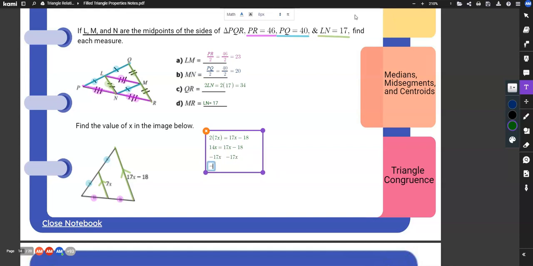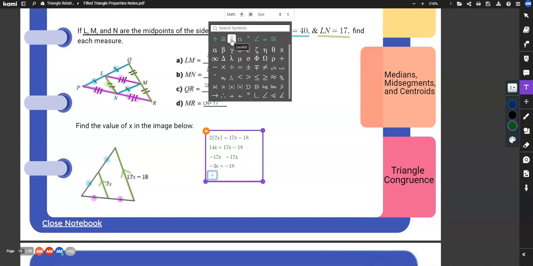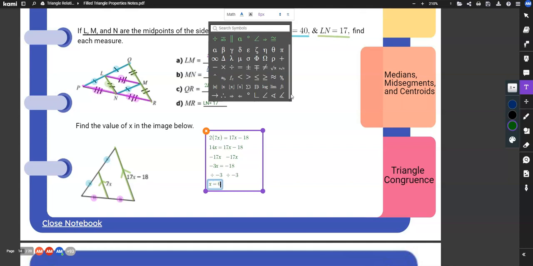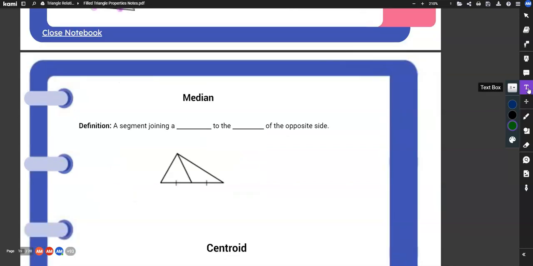So that's going to leave me with negative 3x is going to be equal to negative 18. We will then divide both sides by negative 3, which will leave me with a final answer here of x is equal to 6.